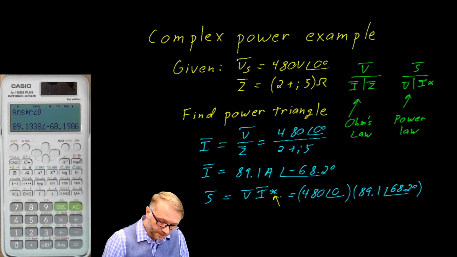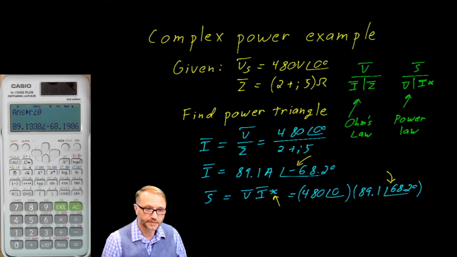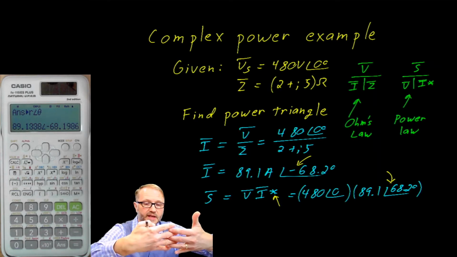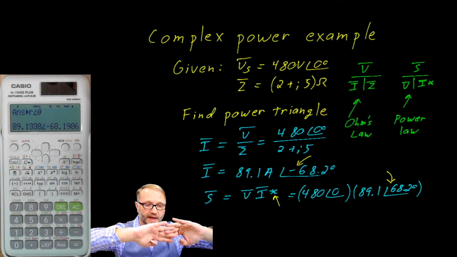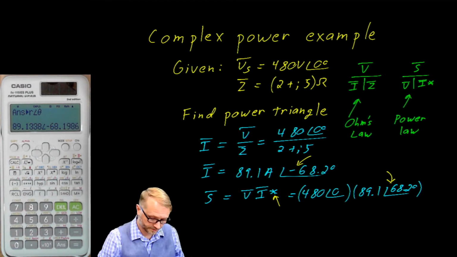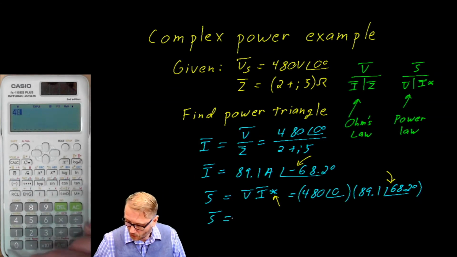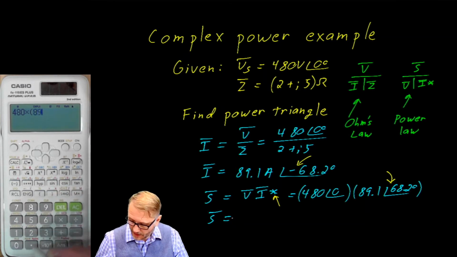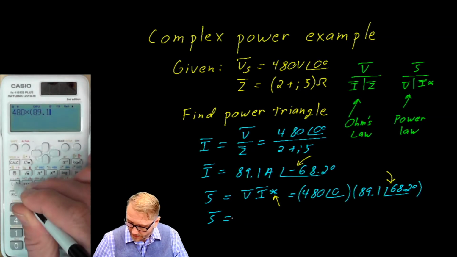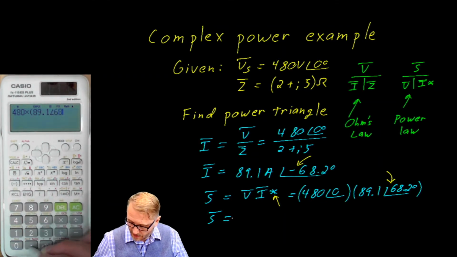This is a complex conjugate. Our angle on the current was negative, which means we need a positive angle here because the complex conjugate flips everything about the real axis. Using the calculator, 480 times (89.1 at a phase angle of 68.2).